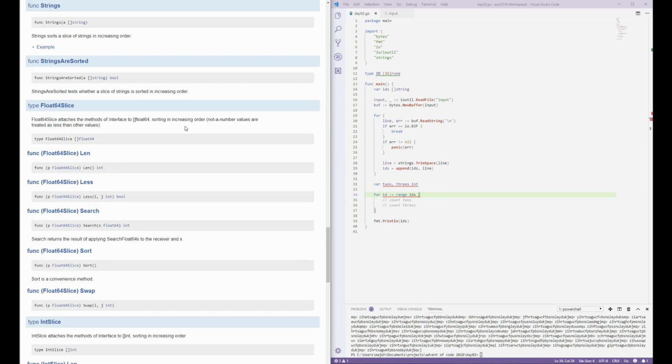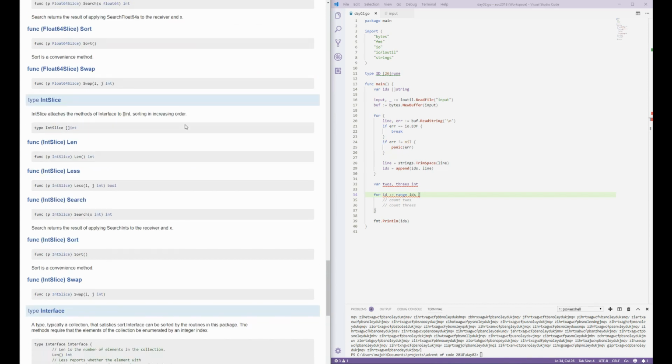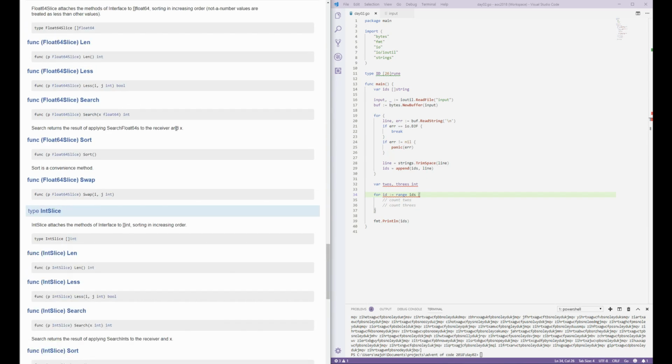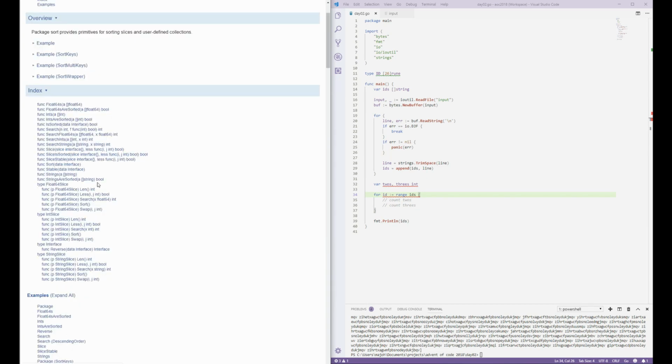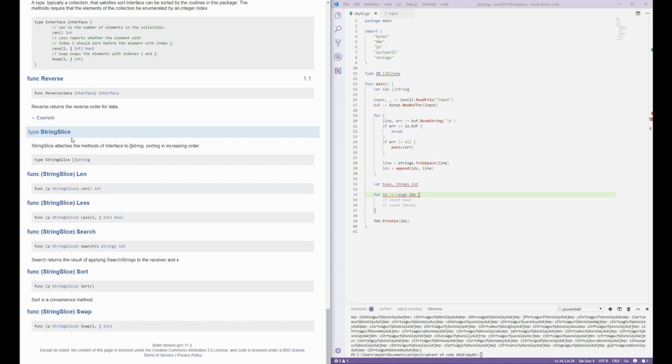This is why I don't like Go for this kind of problems. It's so low level comparatively. Int slice. Okay, do we have some other slices? Float slice, int slice, string slice. But that's for the entire string, right? String size. Yeah, I want it on the actual string.